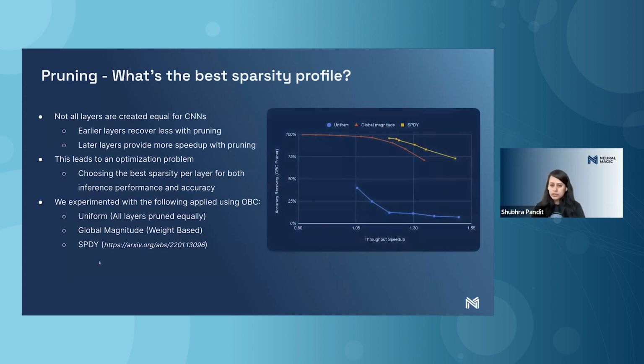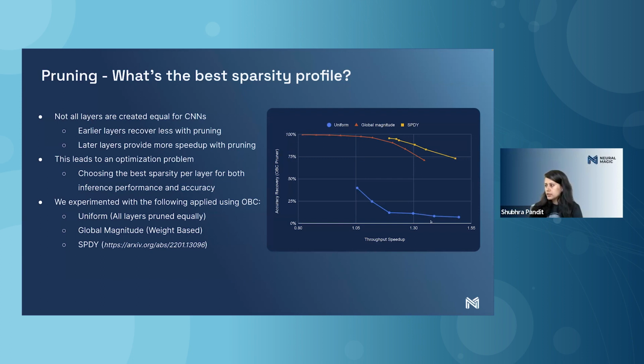So now let's take a look at the results for some of these sparsity profile generation techniques. So here we are looking at throughput speedup and the accuracy recovery with the OBC pruner. The blue curve here is the uniform sparsity profile generation method.